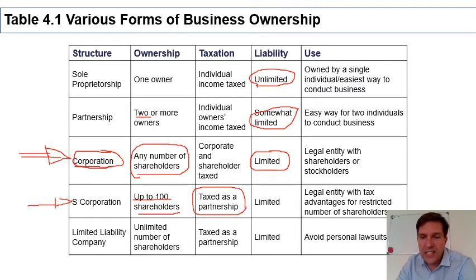So this avoids the double taxation problem. But they are doing so because they limit the amount of access you have to market capital. So this is a special type of corporation that tries to have the best of both worlds. If you're trying to really go for large capital markets, this is probably not a good idea. But from a tax perspective, it might be more attractive.